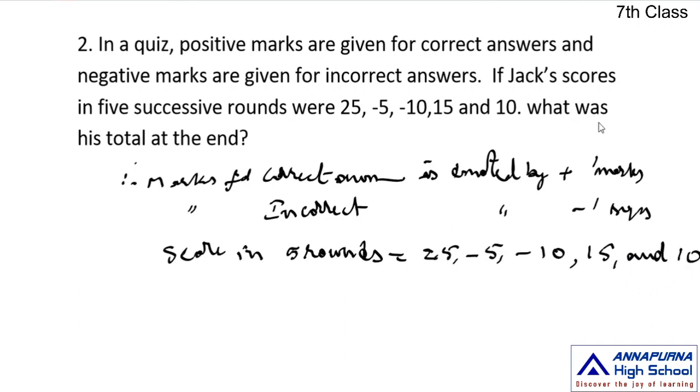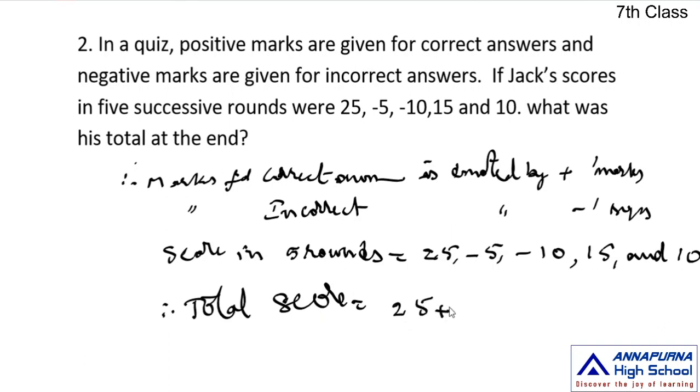Now the question is, what was his total at the end? What was his total at the end means you find the total. So therefore, total score is equal to, add the numbers.